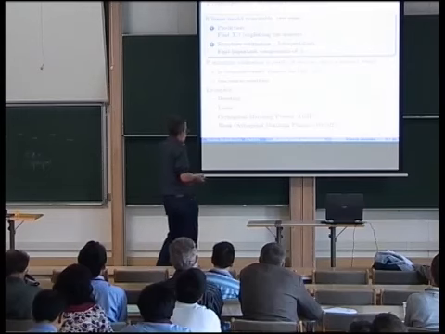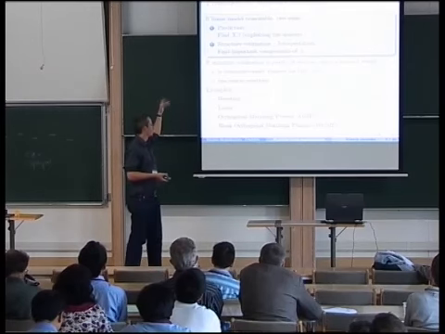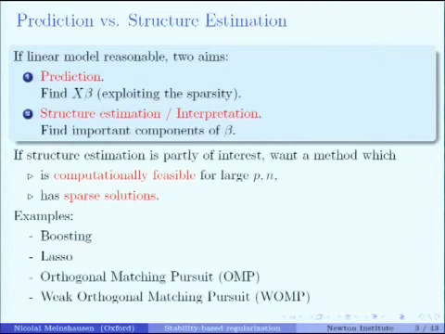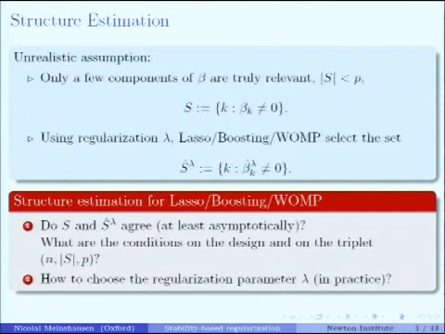The examples I mention here are boosting and lasso, the usual suspects in a way. But I'm going to talk a bit as well about weak orthogonal matching pursuit, which I think is quite interesting in the context I'm going to show you.